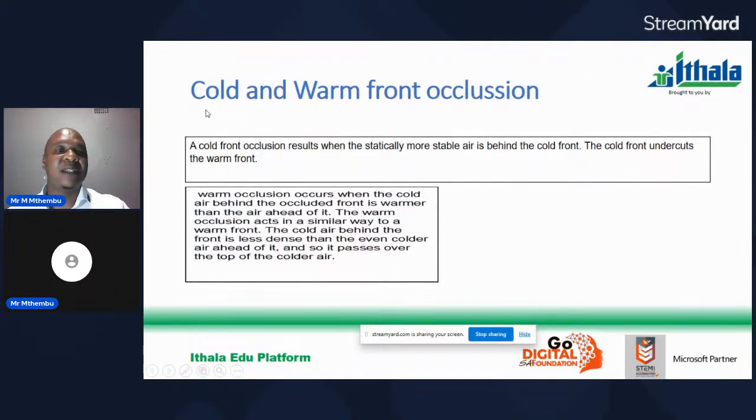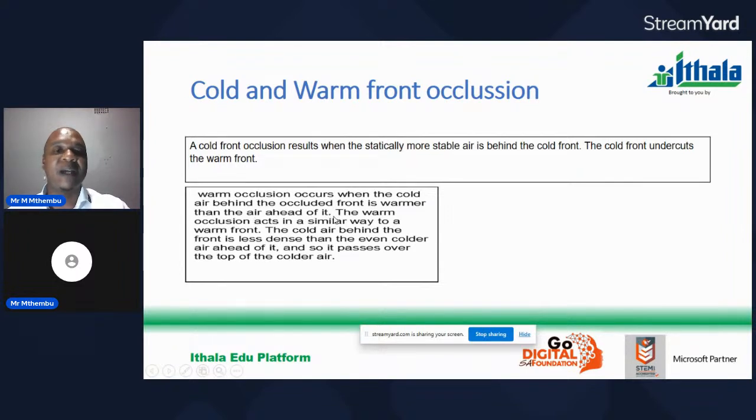Okay, and then let's see full details of cold and warm front occlusion. Cold front occlusion results when statically more stable air is behind the cold front. The cold front undercuts the warm front. Warm occlusion occurs when the cold air behind the occluded front is warmer than the air ahead of it.